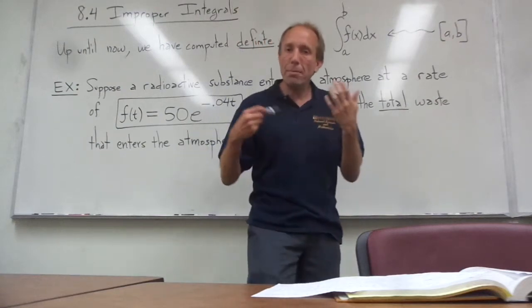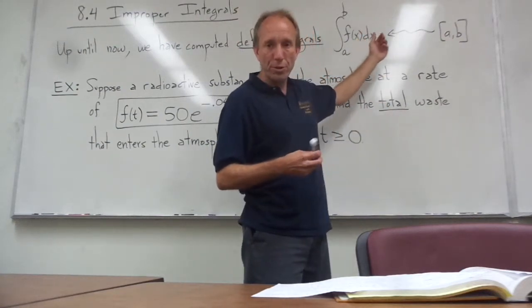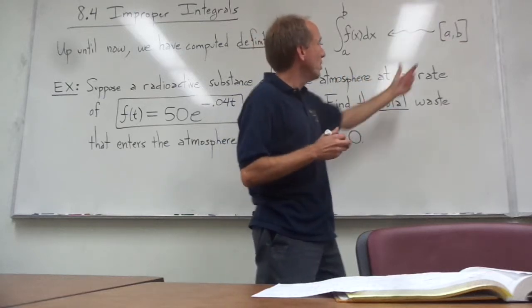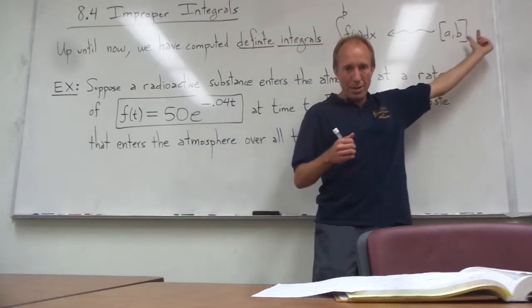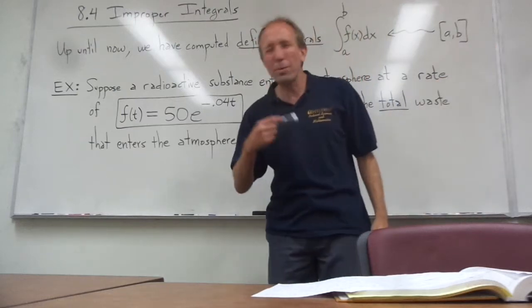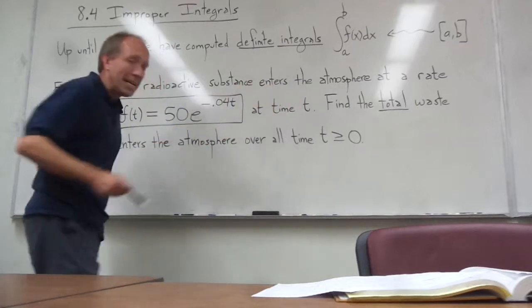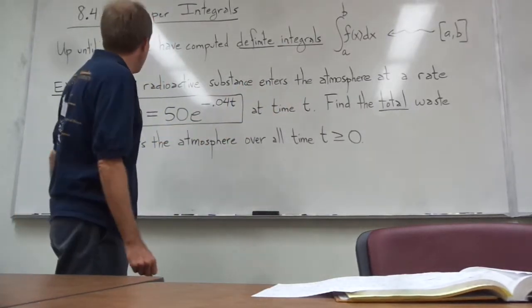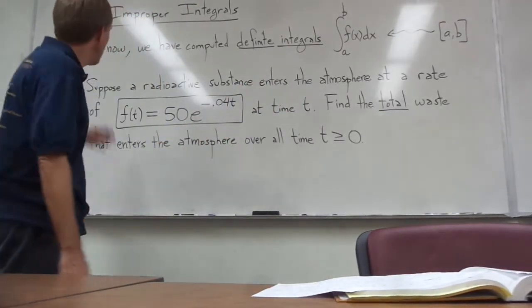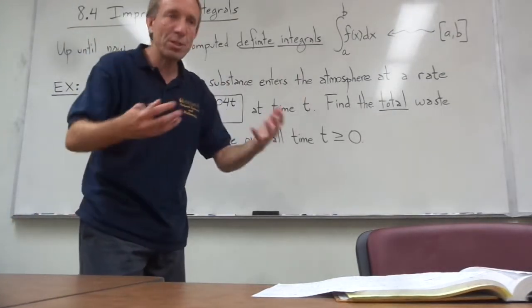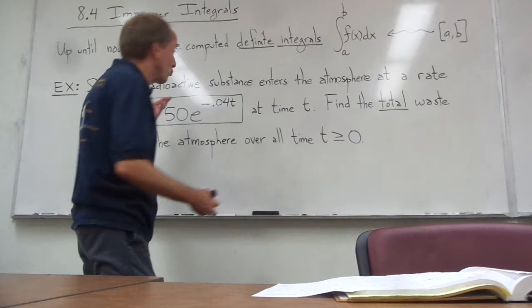That's one of the things that we've done. But it turns out that sometimes there are other intervals that we might like to consider besides just closed intervals from one number to another. To explain where that might come up, I wrote down this example to get you set up for that. Suppose that we had a radioactive substance that was entering the atmosphere at a certain rate.